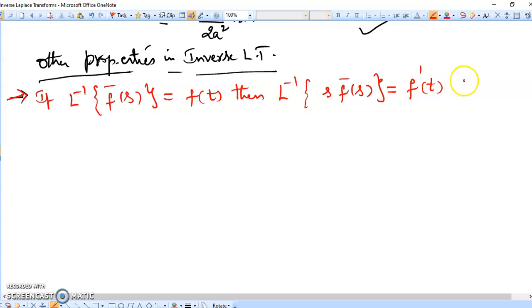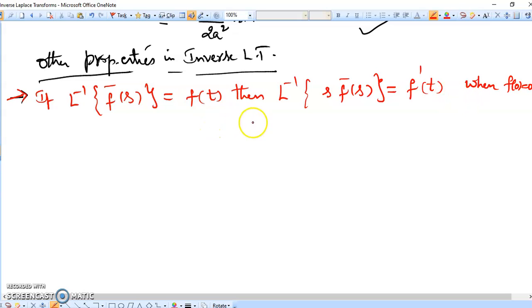Okay, and this is obtained when f of 0 is equal to 0. So whenever f of 0 is equal to 0 and whenever L inverse of f bar of s is equal to f of t, then L inverse of s into f bar of s is f dash of t.